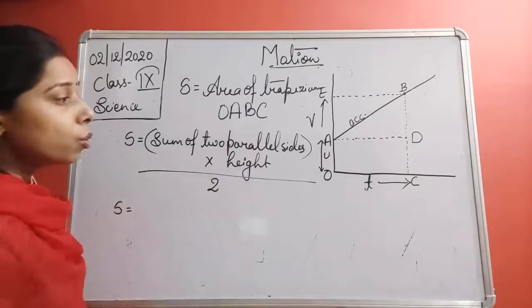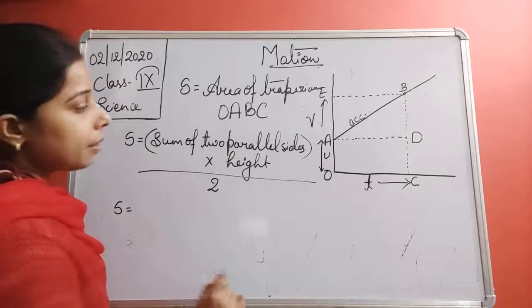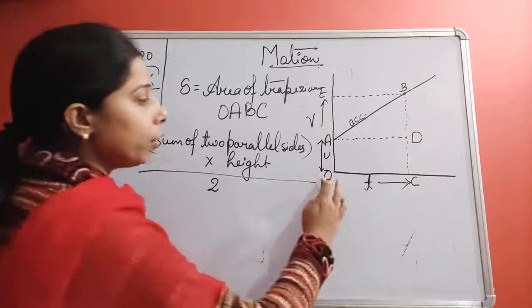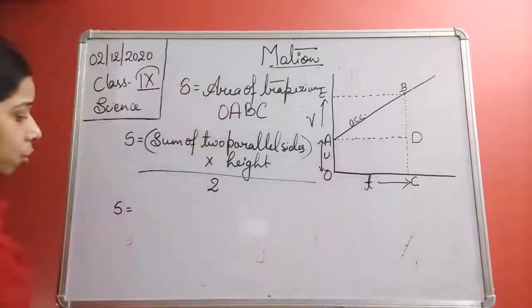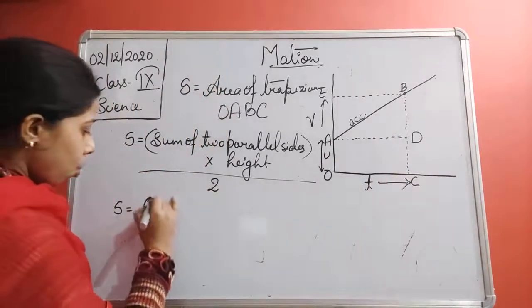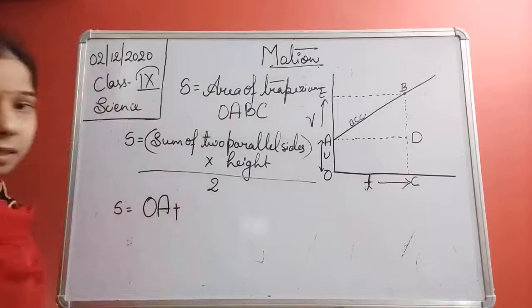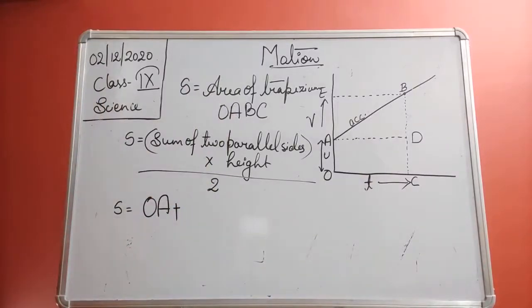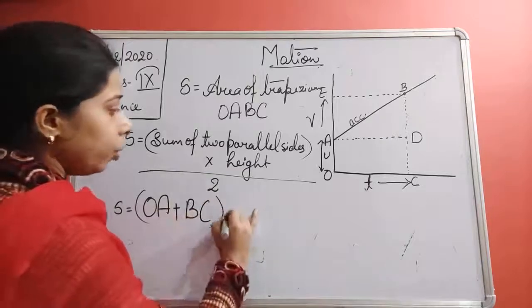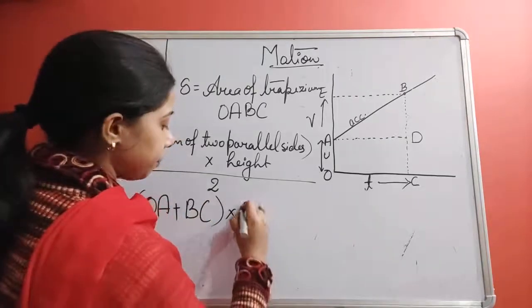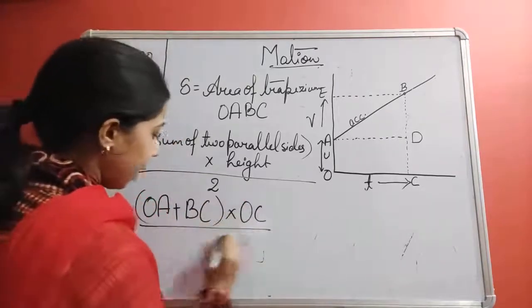Now what are the two parallel sides and what is the height here? When you look at this, OA is parallel to BC. So we can write OA plus BC into, what is the height here? That is OC, divided by 2.